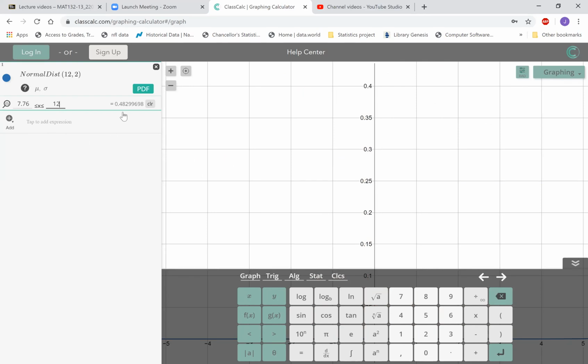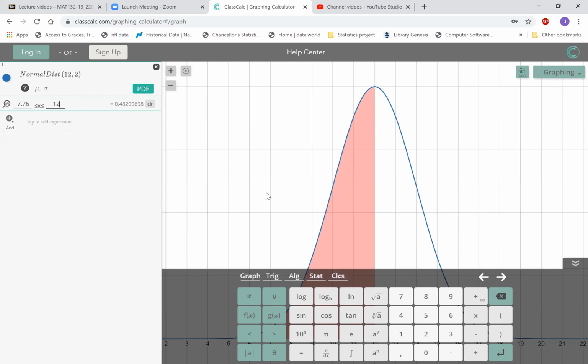If you look at the area that we got, 0.483. So the probability is 0.483. And that's your answer for number 10. Any question in regard to how I did it on ClassCalc?